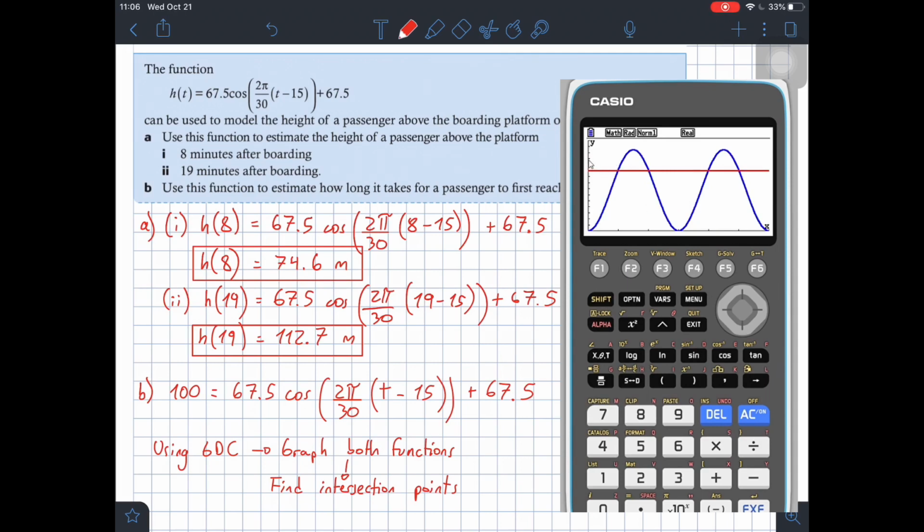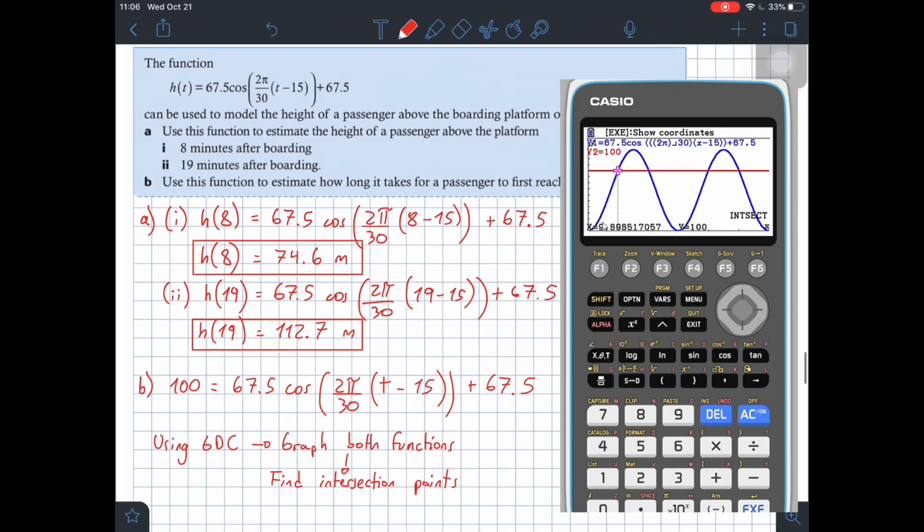And you see that the red line here is the height equals 100, right? So this first intersection right here is what we're interested in for this problem, right? So we're going to go to Shift G solve intersect, and that's the first intersection. You see that the value of y is 100, and the value of x, or the time where that occurs, is at 9.90.